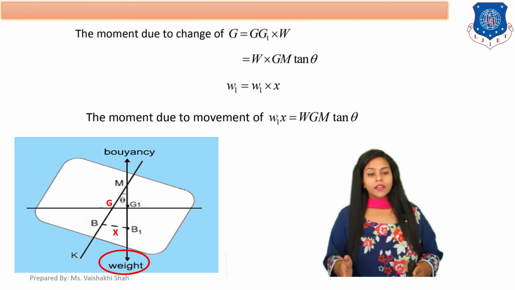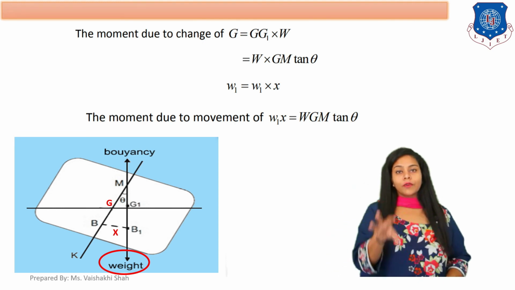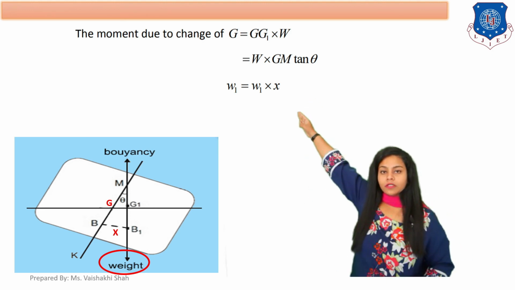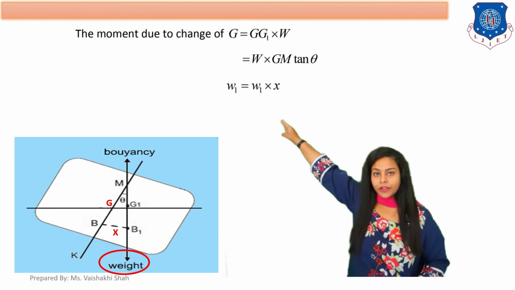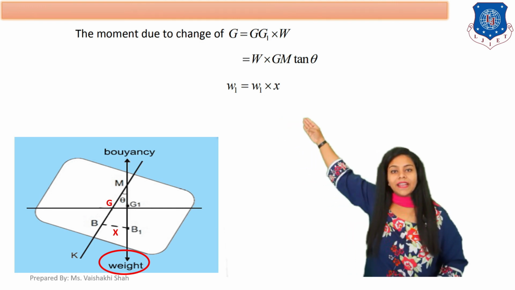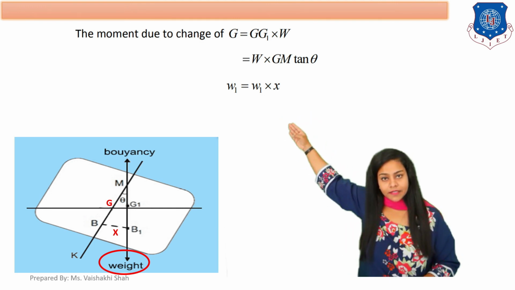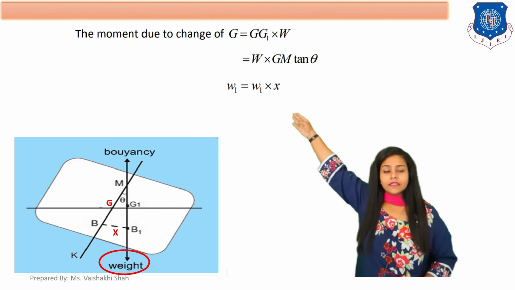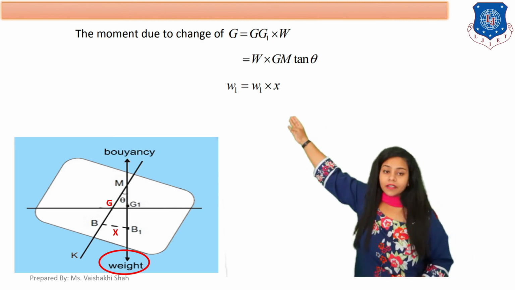So the moment due to shifting is force into perpendicular distance. Here the force is W1, which is shifted a distance x. So your new moment generated is W1 into x, weight into distance.